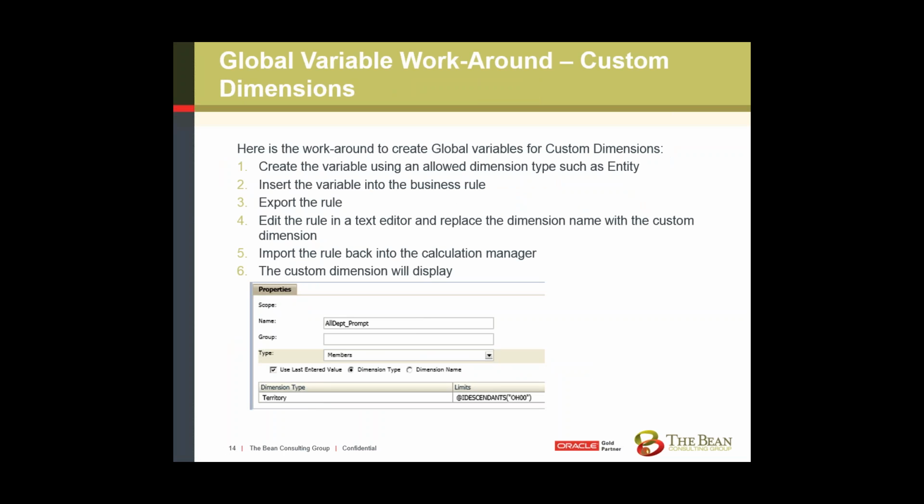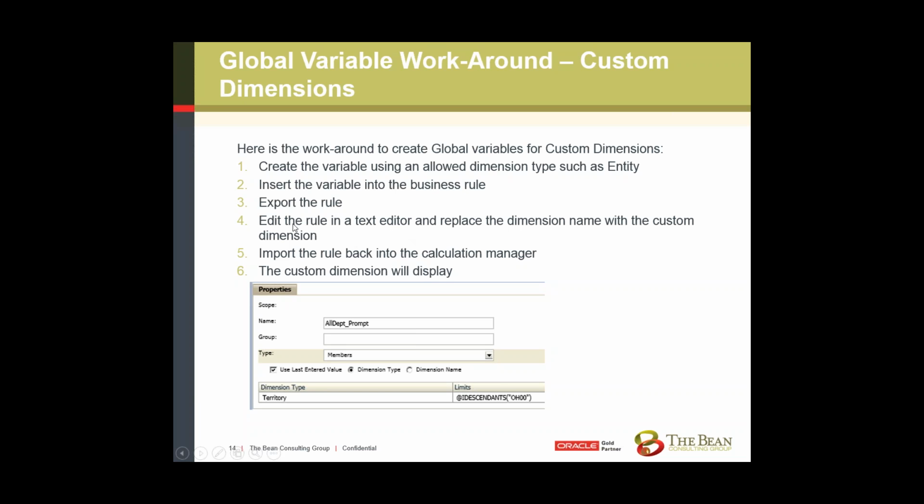So the first step is you create a variable using an allowed dimension type, such as entity. It doesn't have to be entity; it could be any dimension you wanted. You then insert that variable into a business rule, then export that business rule. It exports out as an XML file. You then edit that rule in a text editor.